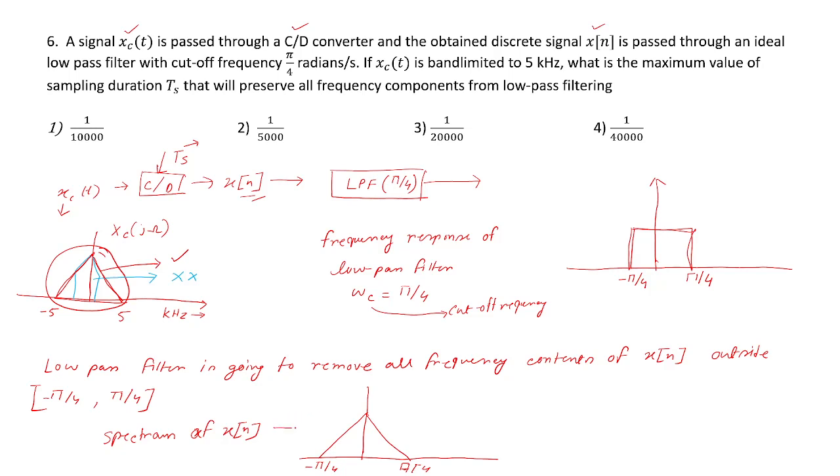This should be the spectrum of x[n] in the frequency domain, because if the spectrum of x[n] crosses this limit of pi by 4, this low pass filter is going to remove that component. So your spectrum of x[n] can only stay between minus pi by 4 to pi by 4. So let me introduce a new slide.